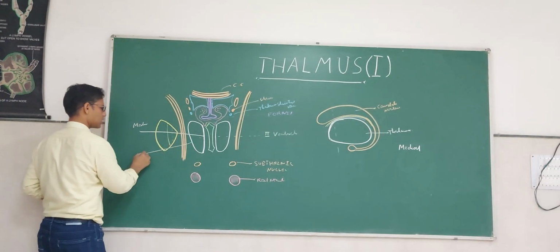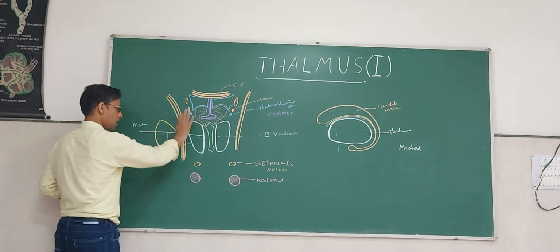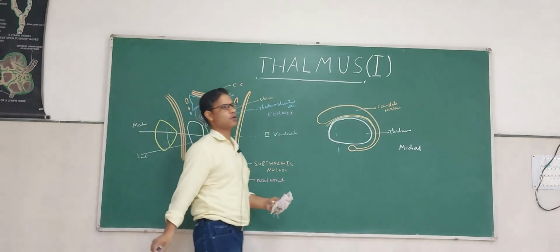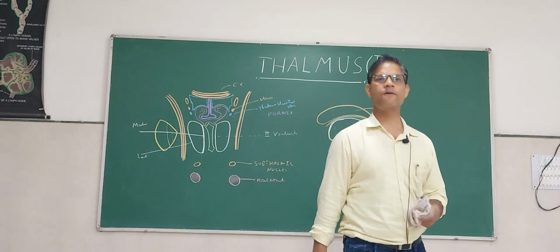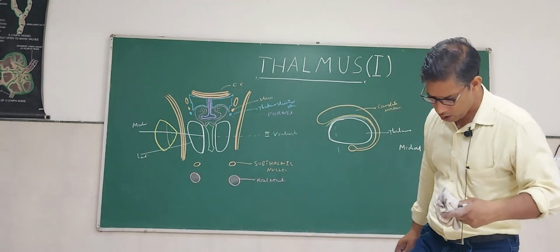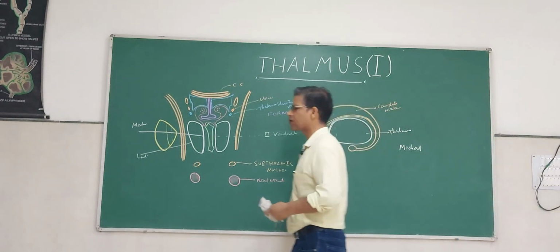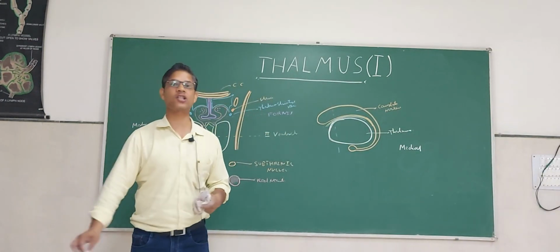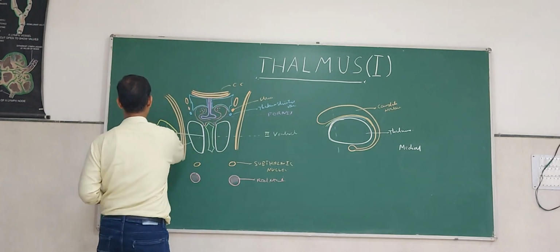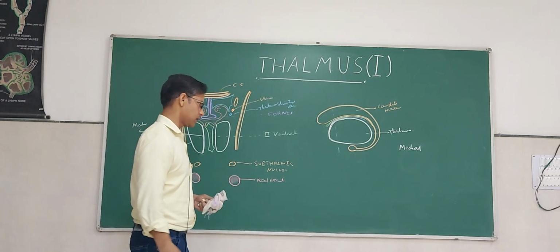There is a lateral surface, a superior surface, and an inferior surface. So with the 2 ends and the 4 surfaces, this almond shaped structure, again I want to say, is a relay station of different senses.